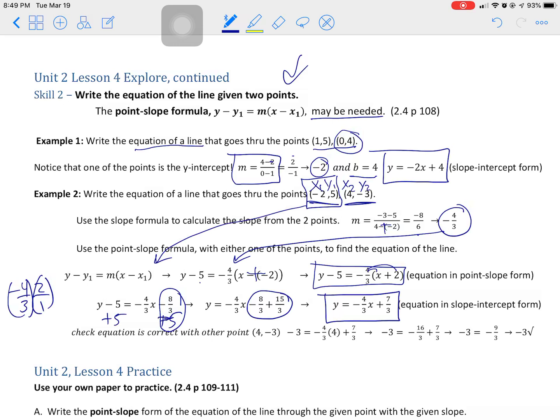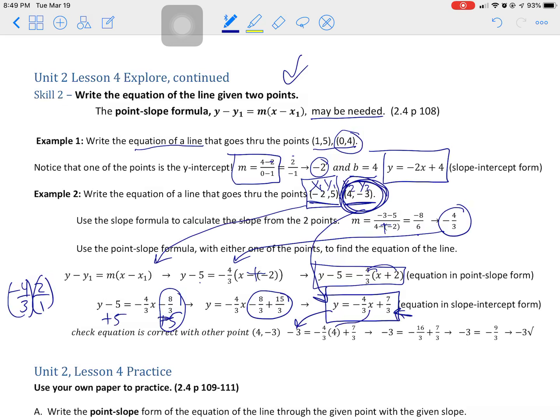What you can do is, since you decided that this is the formula, remember that the other point that's supposed to be on the same line will work in there. Okay, so this point here, try it in there and make sure that this is correct. So what I did was I put the negative 3 in for the y.